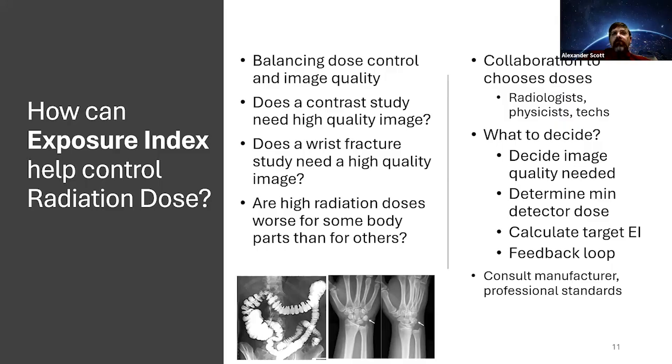Then after we try it out, we get some feedback. Does it look good? Does it look bad? Is there a problem with it in practice? And that feedback loop then allows us to refine the controls that we employ.